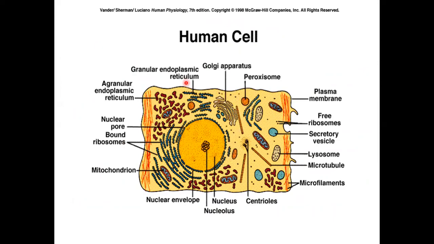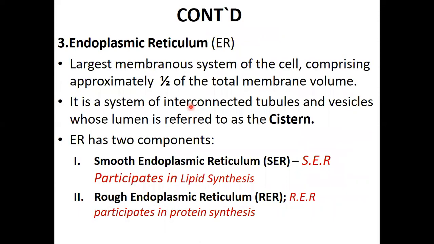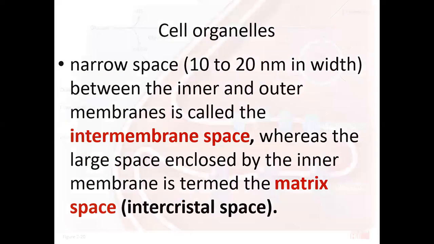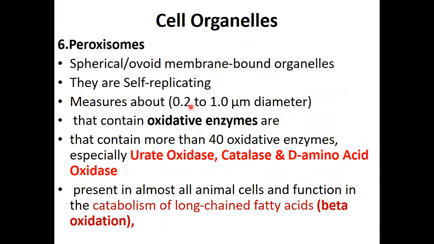What are they doing in the cell? So peroxisomes have oxidative enzymes. These enzymes help in processing oxygen.